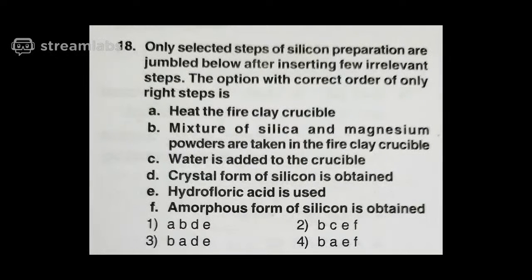Look at the question clearly. Okay, this is a new concept for you all. Okay, I'll explain this. Use magnesium powder. We'll mix silica with magnesium powder. Okay, then again it is treated with HCl. Okay, and finally we'll get amorphous silicon. This is the procedure.